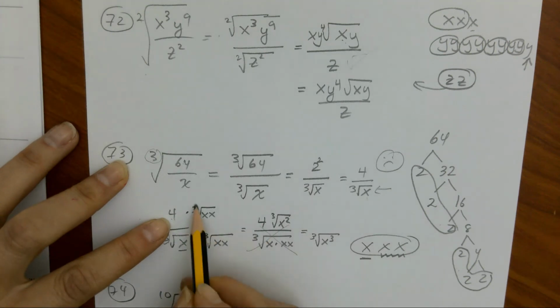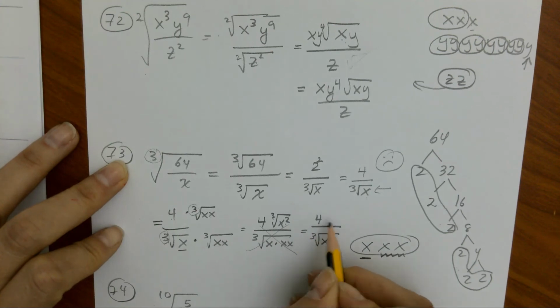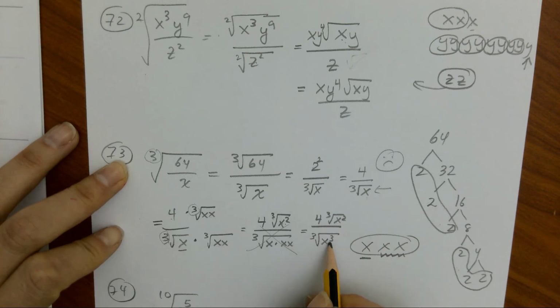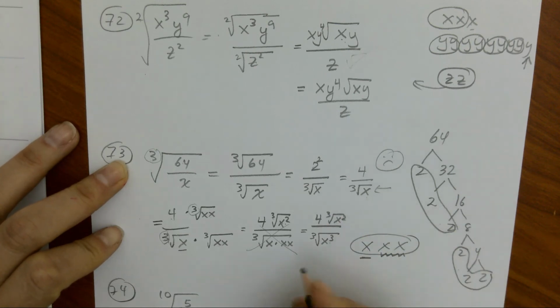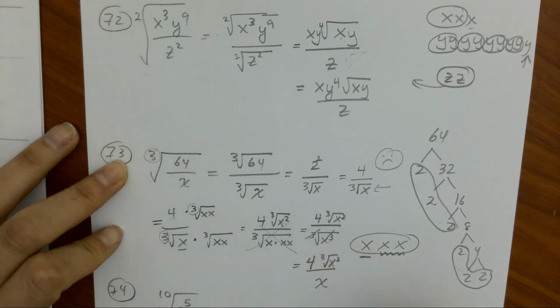That 3 stays with the radical, and 2 x's are x squared. And here, the third root of x cubed is just the opposite. This and this cancel each other out, so I'm left with x. On the top I have 4 with the third root of x squared.